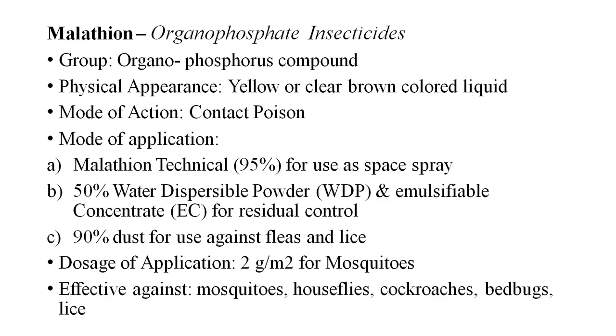Mode of application: malathion technical 95% for space spray, 50% water dispersible powder and emulsifiable concentrate for residual control, and 90% dust for use against fleas and lice. Dosage of application: 2 grams for mosquitoes. Effective against mosquitoes, houseflies, cockroaches, bedbugs, and lice.